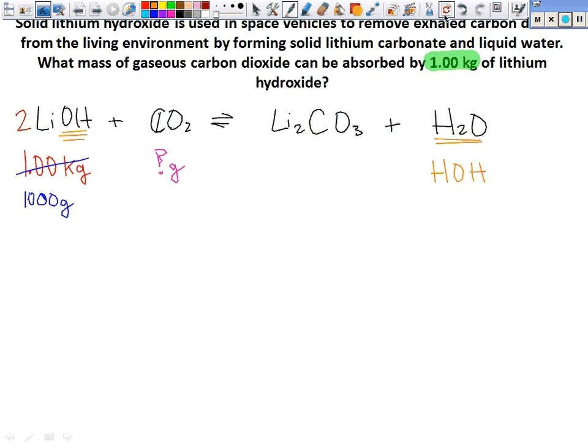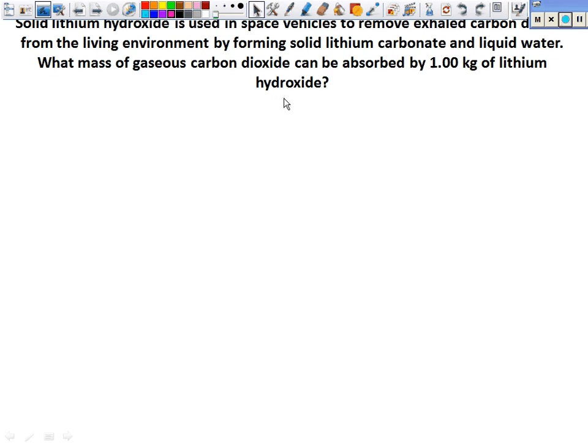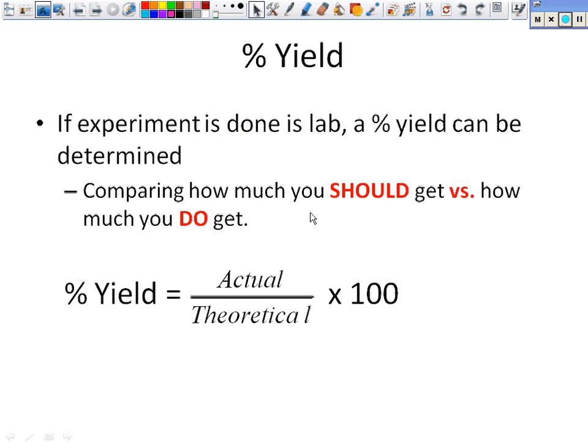But I wanted you to practice writing that balanced equation. All right, percent yield. This is something I make sure you understand: it's basically the actual over theoretical. It's what you should get. Let's try that again. Comparing how much you should get versus what you do get.